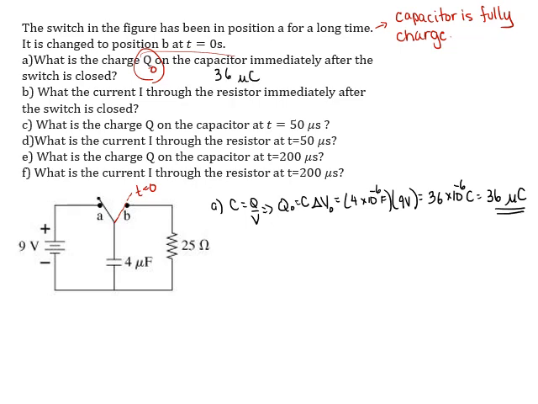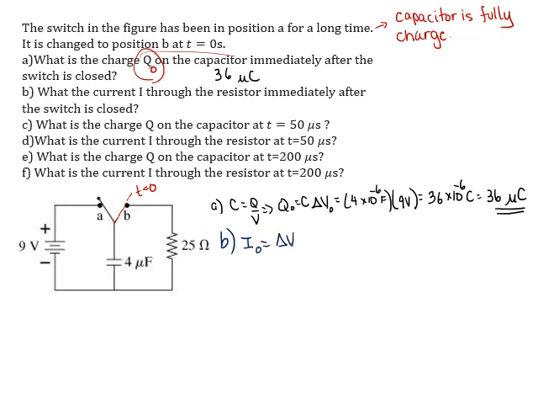What is the current I through the resistor immediately after the switch is closed? As soon as we flip that switch, those charges start to move, so we do get a current. The initial current through the resistor can be found by finding the potential across the resistor.